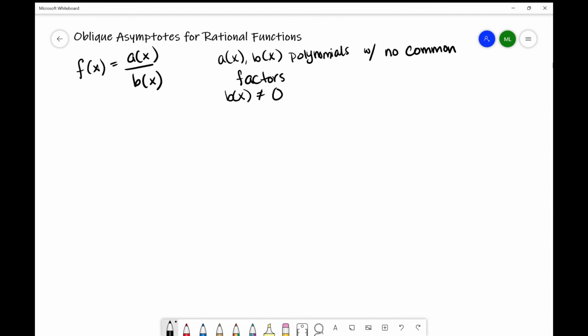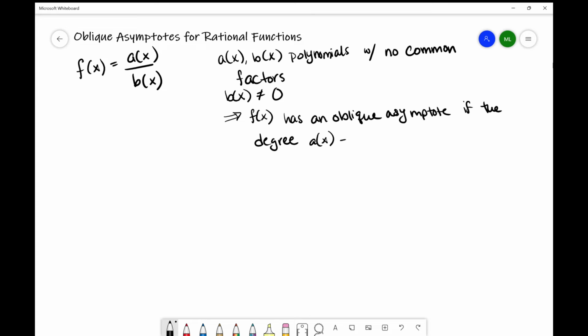Then there exists an asymptote. So f of x is the whole expression, the whole rational function. It has an oblique asymptote, especially if the degree of the numerator minus the degree of the denominator is equal to 1.